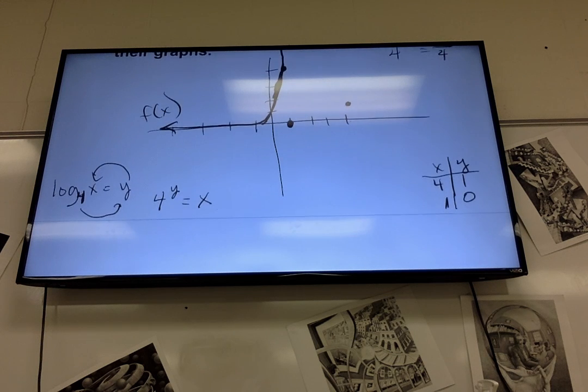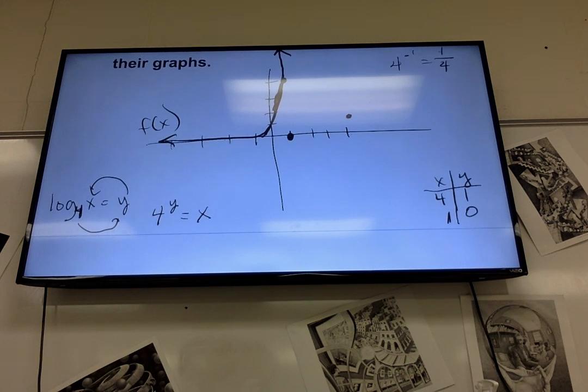Let's do a fraction. Let's do 1/2. 4 to the 1/2. What's 4 to the 1/2? This is a great review. 2. How'd you get that? It's not half of 4.